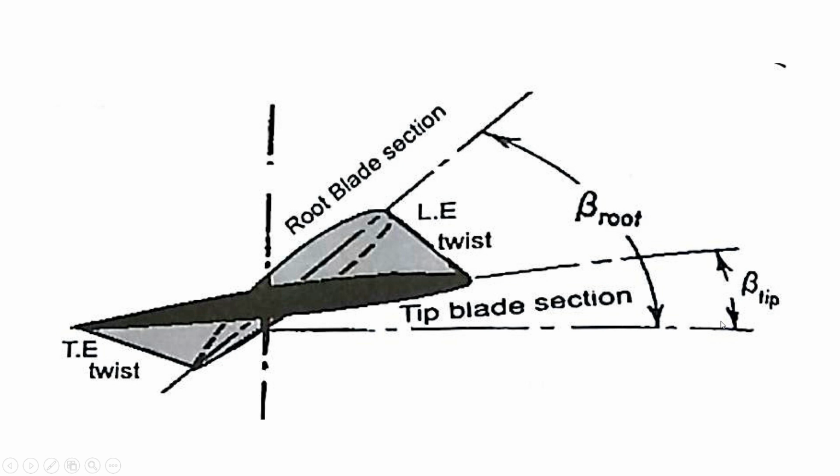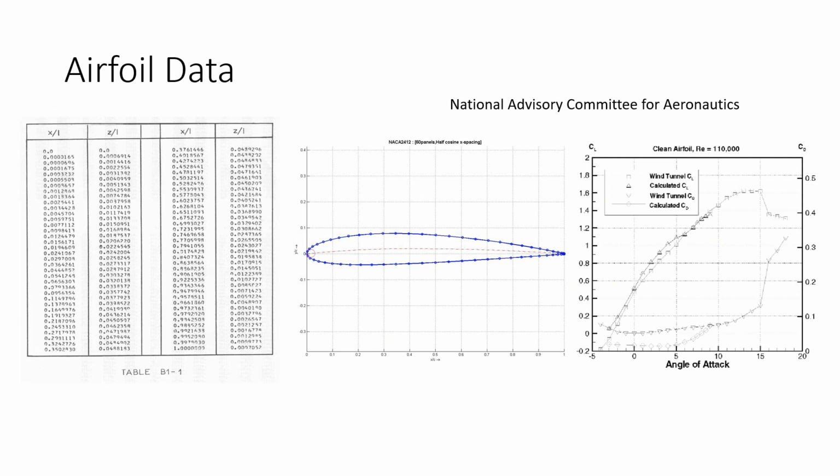If you draw a central line to this, this is your beta tip, that is, this airfoil is producing an angle of beta, and the one at the aft is producing an angle beta root. This is called the angle of twist. This is your leading edge and this is your trailing edge. We'll see why this twist is important when we come to the working part of it.